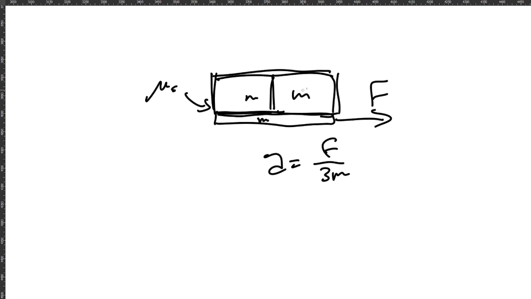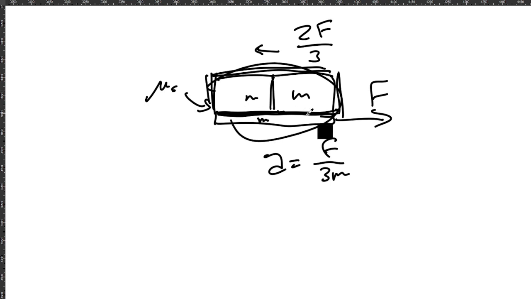We're split in 3 parts, so this top part has essentially a force moving in that direction of 2F over 3, 2 parts of all 3 boxes, in order to accelerate these 2 masses at the same rate as the entire system. All of this has to be supplied by this leftmost box.